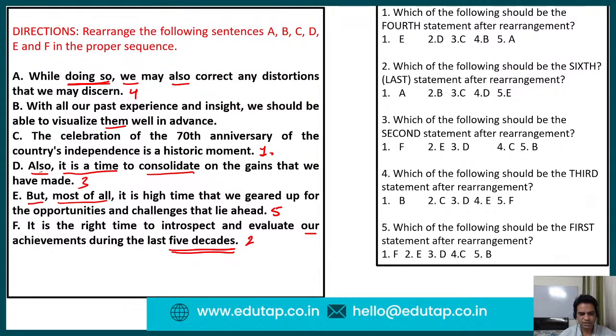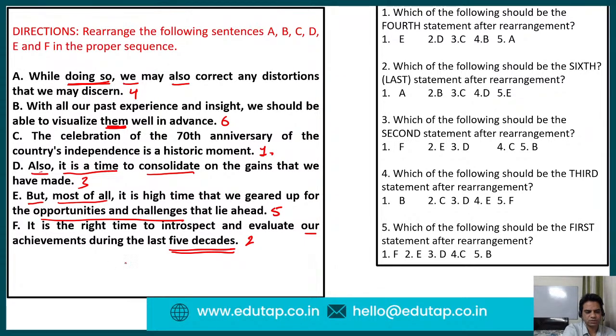So, but most of all, it is high time that we geared up for the opportunities and challenges that lie ahead. And then last sentence is B. With all our past experience and insight, we should be able to visualize them. Now, what did he mean by them? By them, he meant opportunities and challenges. So, with all our past experience and insight, we should be able to visualize them well in advance.